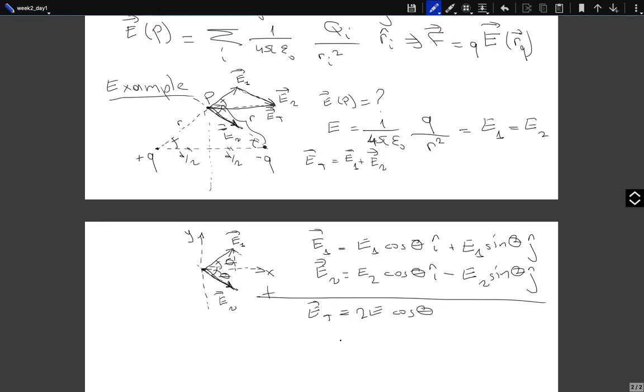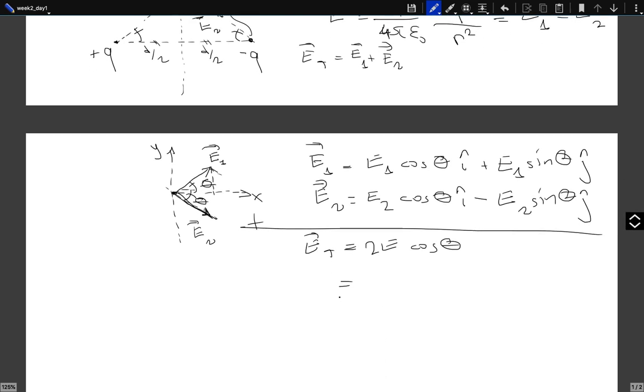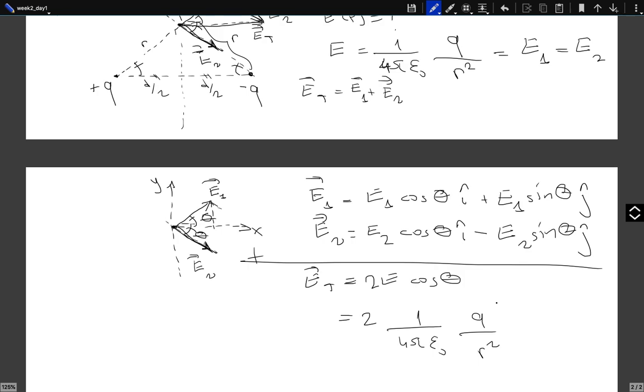Well, we know what E is. E was 1 over 4 pi epsilon 0, Q over R squared. This is E. We need to calculate what cosine theta is, but you see, theta is this angle over here. This is my theta.